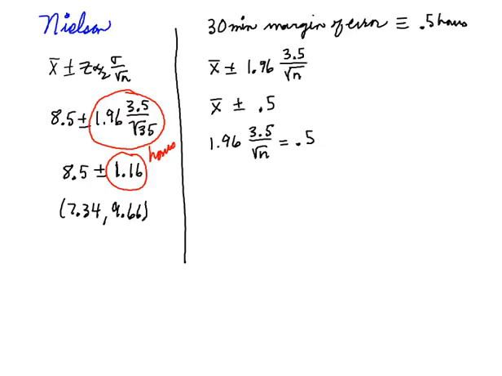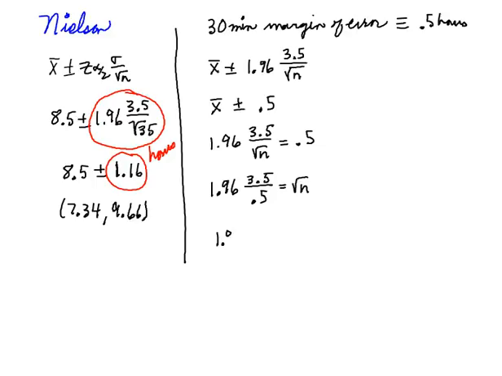Well, algebraically, I've got to solve for n. So in solving for n, I've just got to get n on one side by itself. And let's see, I'm going to multiply both sides by square root of n and divide both sides by 0.5. And then I'm going to square both sides.